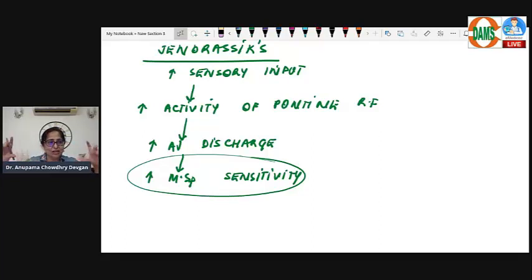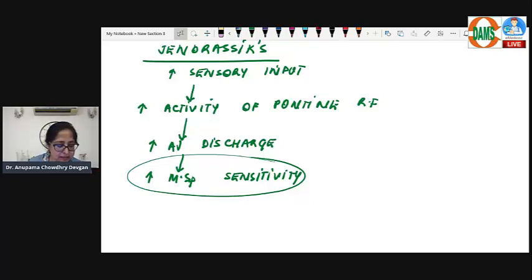It is like the strings of a guitar, right? If a guitar string is loose, the sensitivity reduces. If it is stretched, if it is tight, sensitivity increases, and that's exactly what happens here, right? Compare it to a guitar string. Have you understood? That is what is meant by increase in muscle spindle sensitivity.